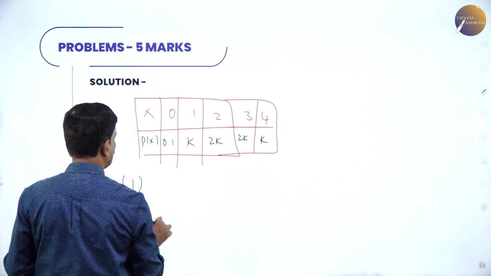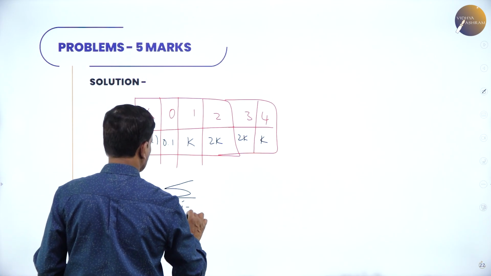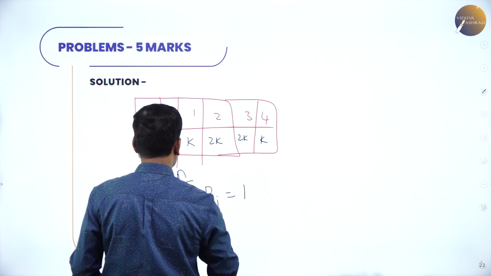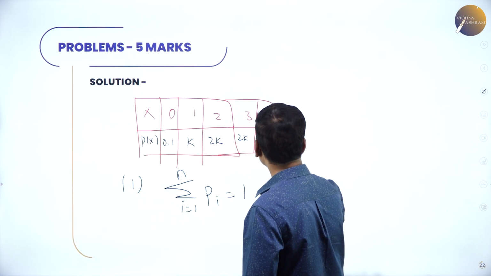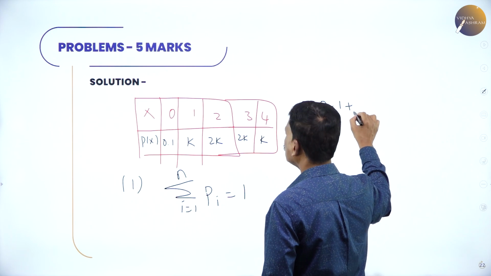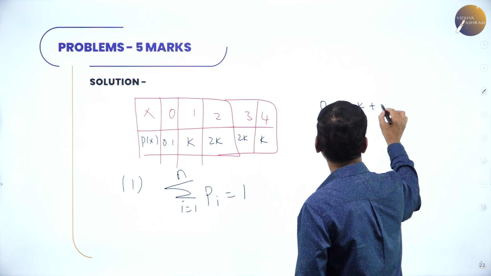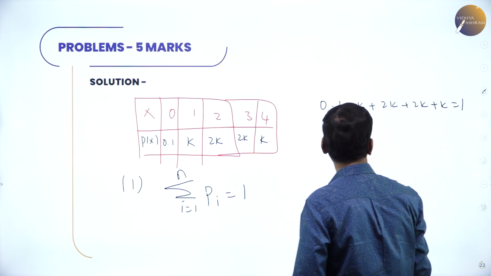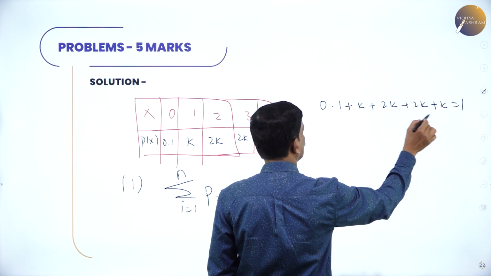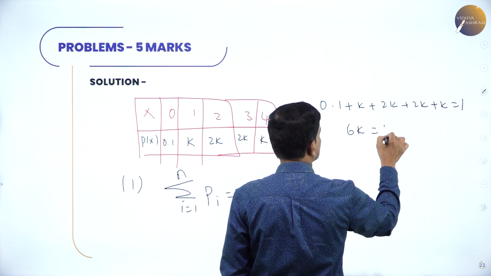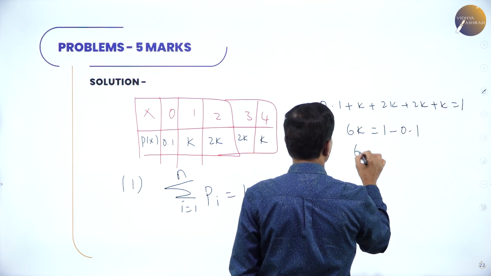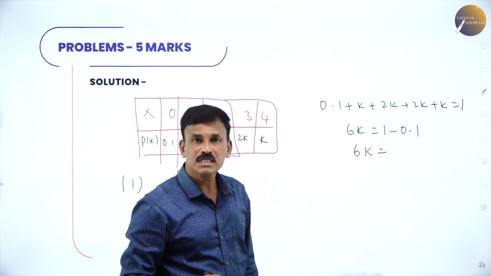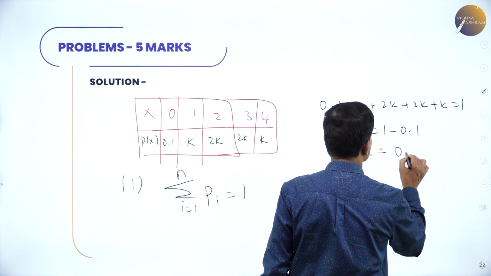To find the value of K, you know the sum of P of i for i equal to 1 to n is equal to 1. Add this. So that is 0.1 plus K plus 2K plus 2K plus K is equal to 1. 2 plus 2 is 4, plus 1 is 5, plus 1 is 6K, equal to 1 minus 0.1, which is 0.9.